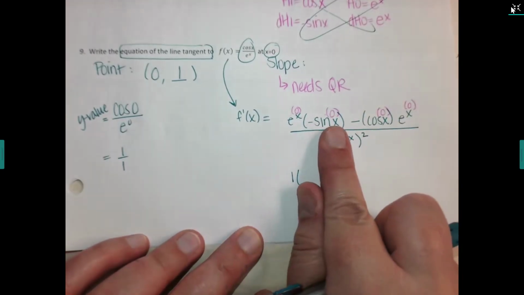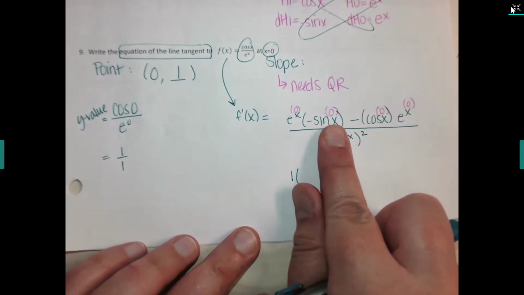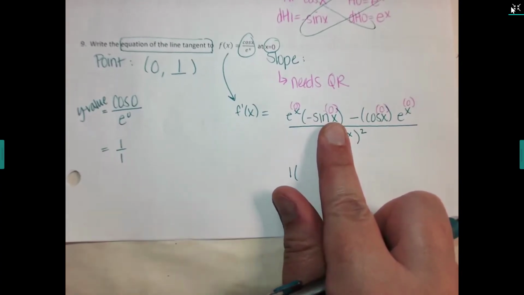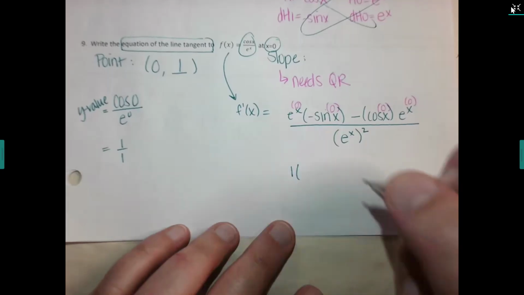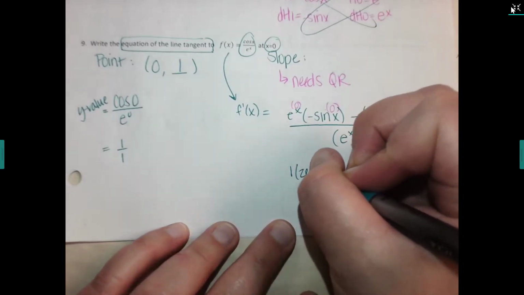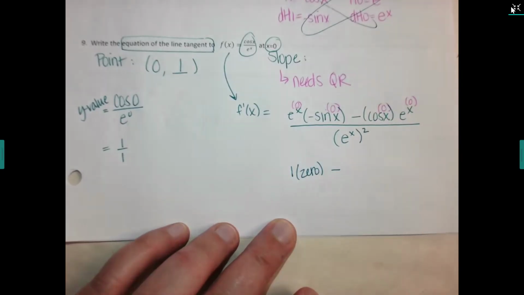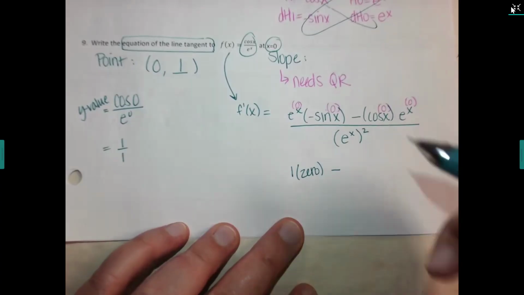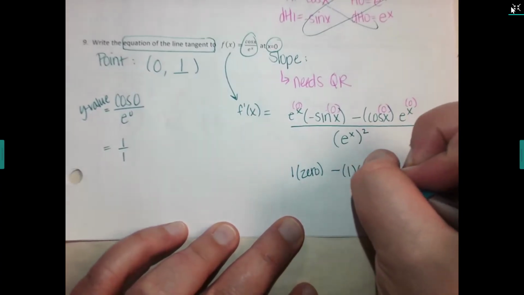What is sine of 0 for this term? It'd be 0 because you're already on your pinky and you don't have any fingers below that. So that would be times 0. What's cosine of 0? 1. What's e to the 0? 1. So that'd be 1 times 1.